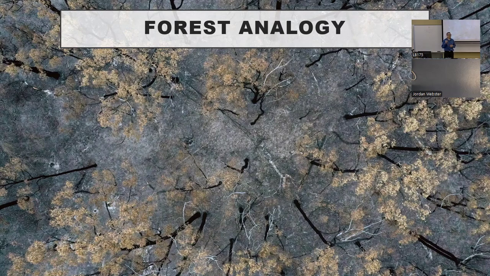Well, there's going to be lots and lots of different paths through this forest. And if you started at point A and I started at point A, you might take one path and I might take another path. And we might both end up at the correct place on the other side of the forest. You might take a left at this tree and I might take a right at that tree. And we'd all end up at the same place.